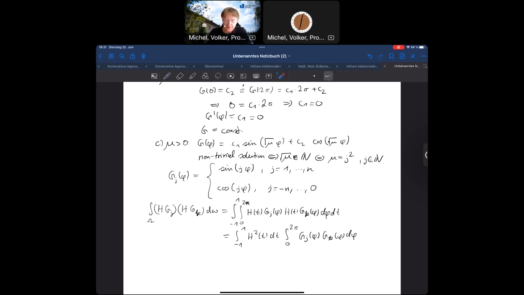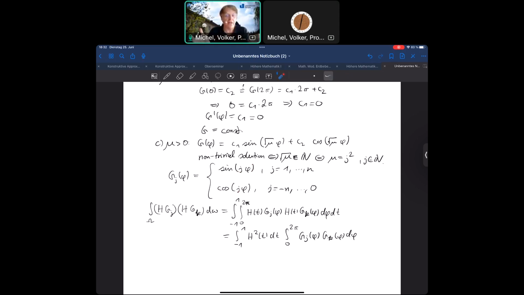And it's now very simple. It's actually a simple exercise in integration by parts to calculate these integrals. You must consider the case where you have a sine with a cosine function, maybe with different parameters, but also the case of two different sine functions with different j's and two different cosine functions with different j's.